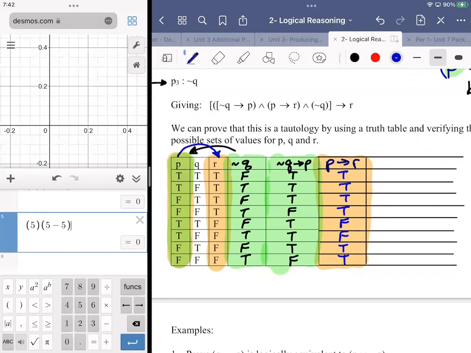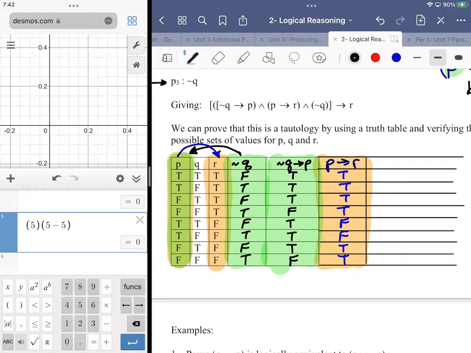All right, so now I need conjunctions with these three components. That part's not too bad because, and we've only talked about conjunctions as it applies to two pieces, but in order for any conjunction sentence to be true, all parts have to be true. So that kind of simplifies things a little bit. And the only way a disjunction sentence is false is if all parts are false.